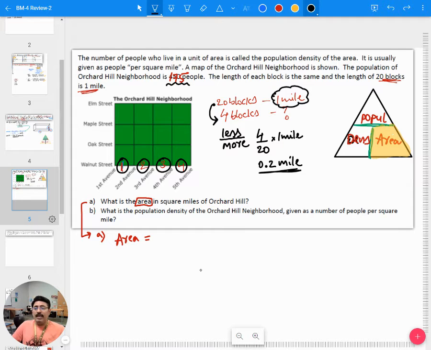But area means you have to find the area of this one, right? That gives me an idea of length times width. Therefore, length is 0.2. And next, there are 3 blocks, please see one block here, the second one, and the third one, right?